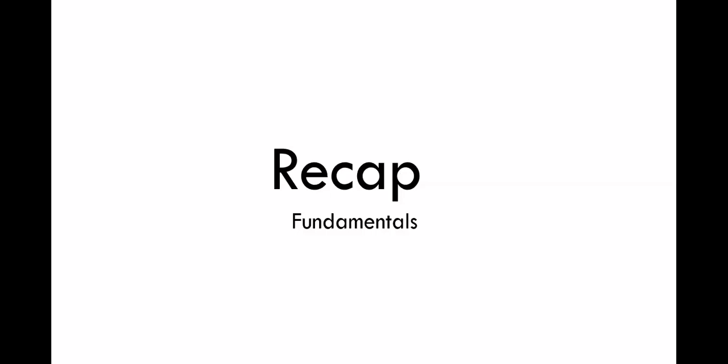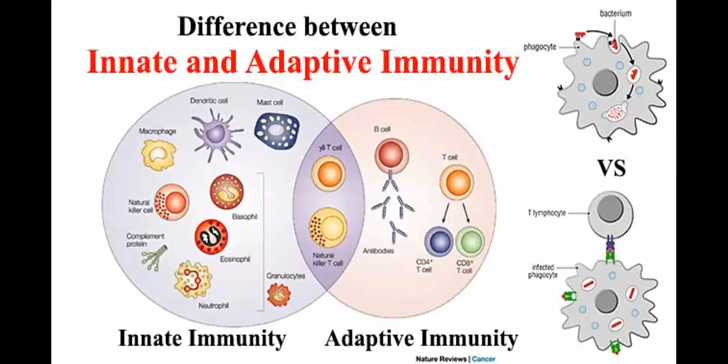Recap in terms of fundamentals. Coming back to the fundamentals of immunology, let us glance quickly, 1 to 2 minutes on a few slides, so that you brush up your memory. Innate and adaptive immunity, different cells of the immune system, the crosstalk between the two fundamental immune pathways, inflammation and phagocytosis we studied.